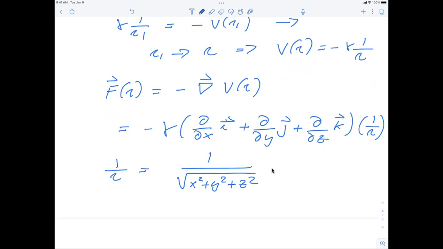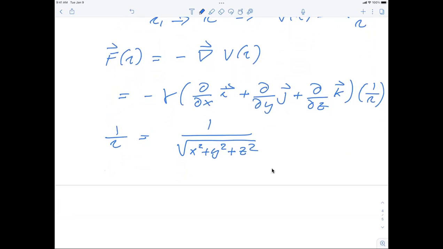If we now take the derivative of this quantity, for instance in the x direction, the reason I'm setting this up is that when you do the exercise today, which we have on the slides, you are going to take the curl of the force, and then you need to take these derivatives.